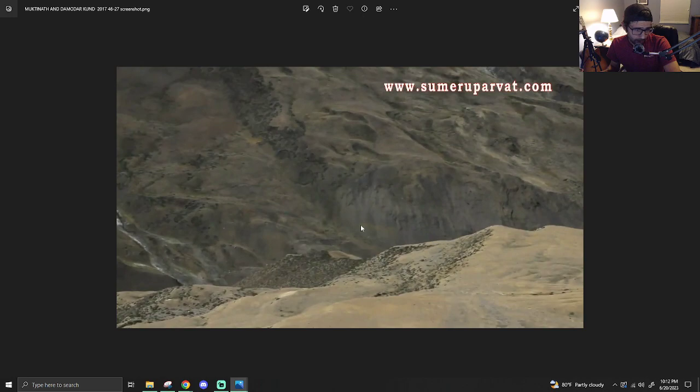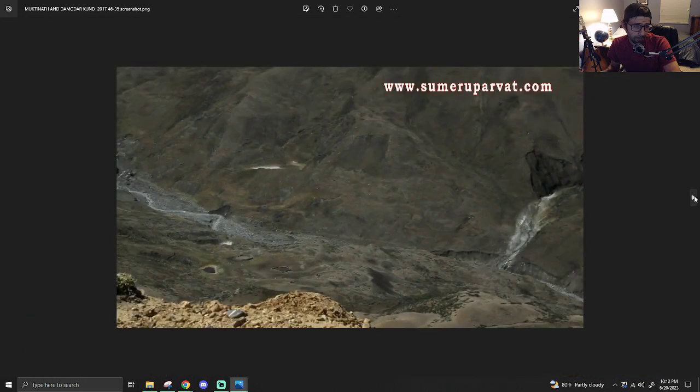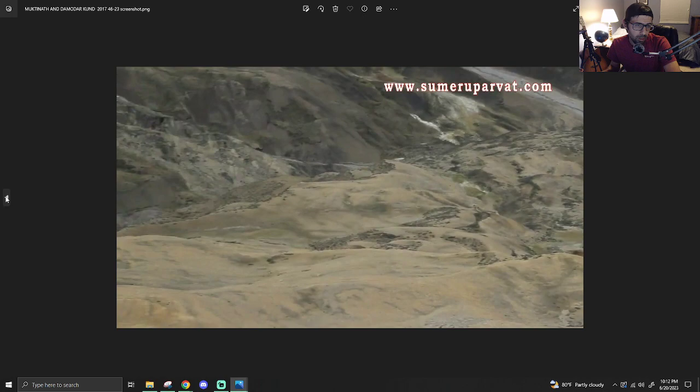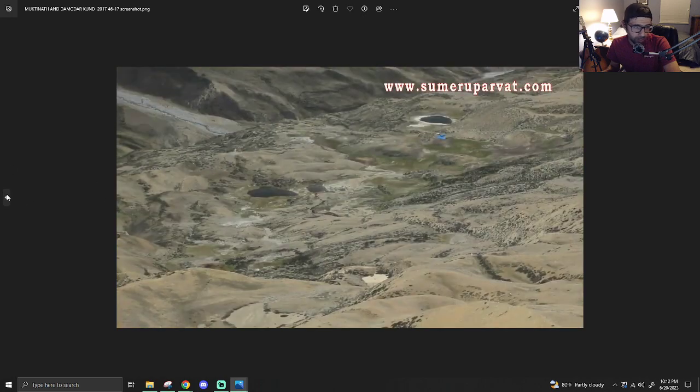I believe this is... I don't know. So this is a different lake. That's right, here's Damodar Kund.